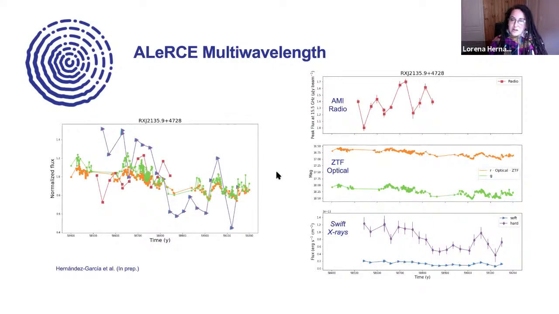And we can use this library to compute the variability features for all these light curves, independent of if they are from ZTF in the optical or other. So also notice here that when you use optical data to complement X-ray data, for example, you can have something like this where the variations are better observed because the sampling is better.